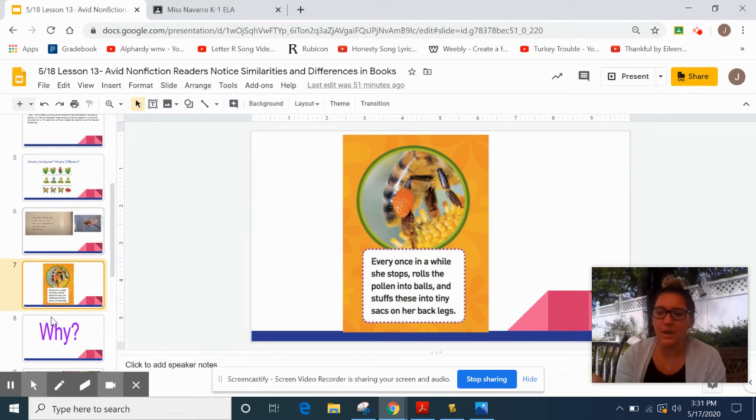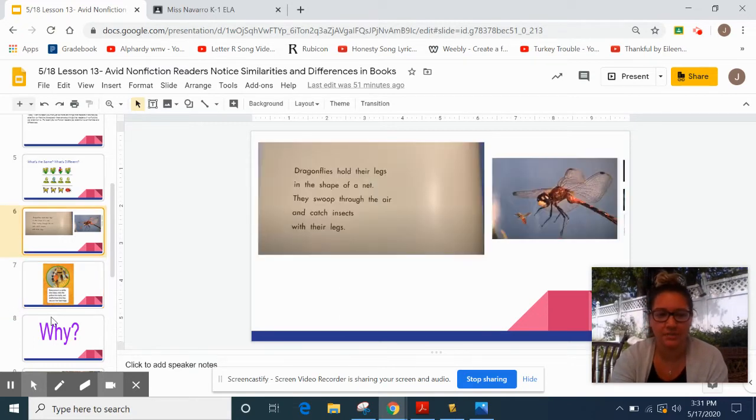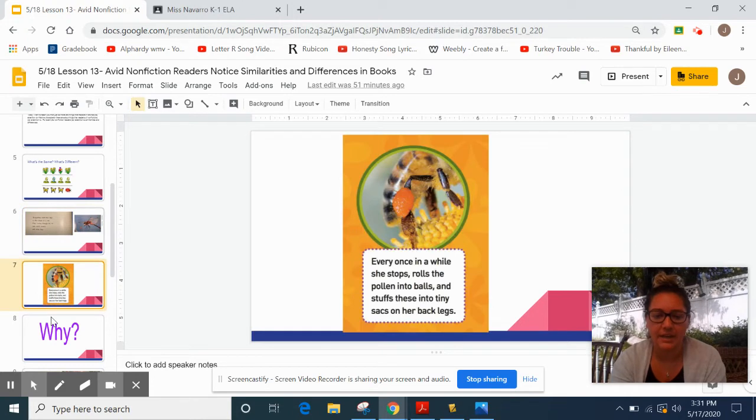Yeah, they both have wings, they both fly, and they both use their legs in special ways. Now, what is different between these 2? What is different? Yeah, the dragonfly uses their legs to catch insects, and the honeybee uses its legs to carry pollen.